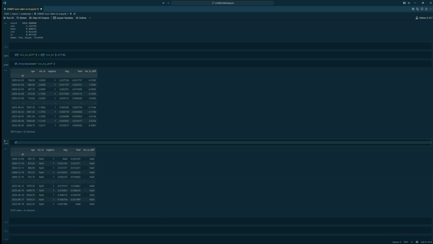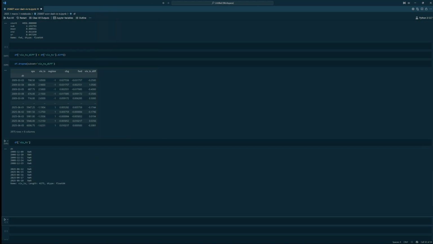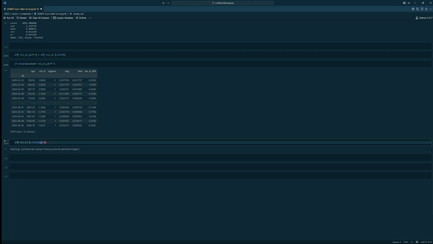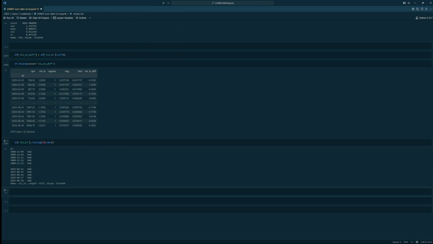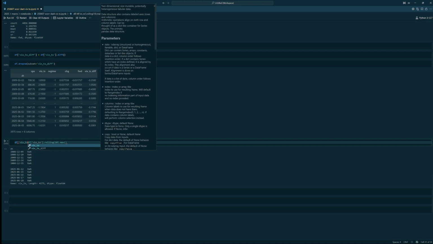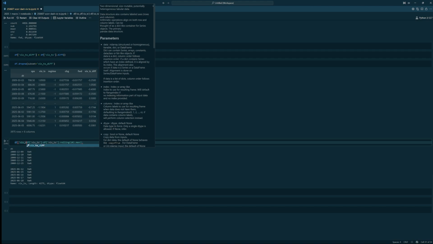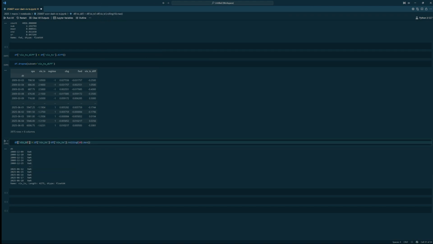So how do we do that? VIX TS dot rolling 10 dot max. So that's a rolling max, and then we get the current value minus our max, which is basically, call it, VIX drawdown.